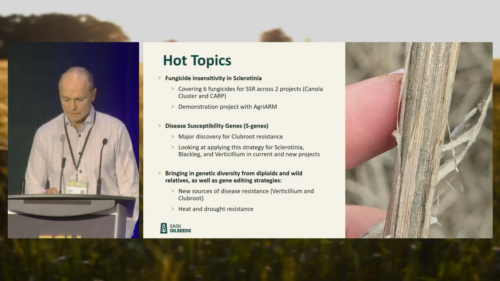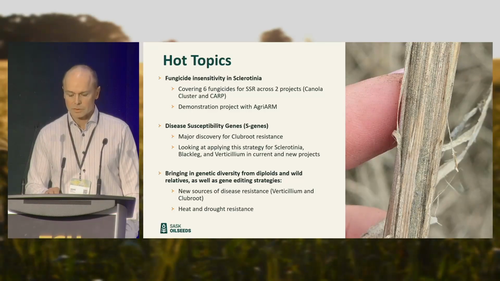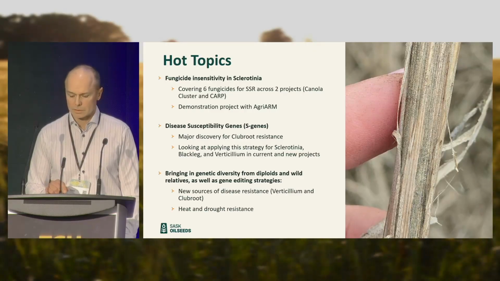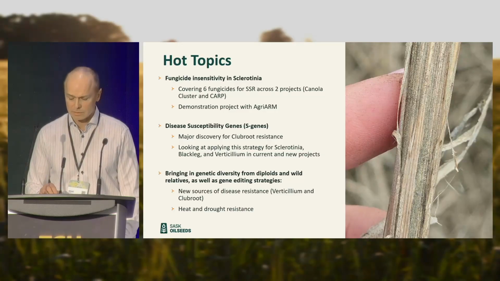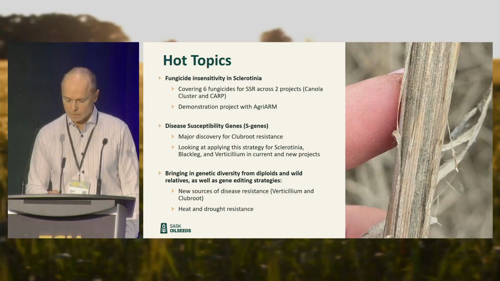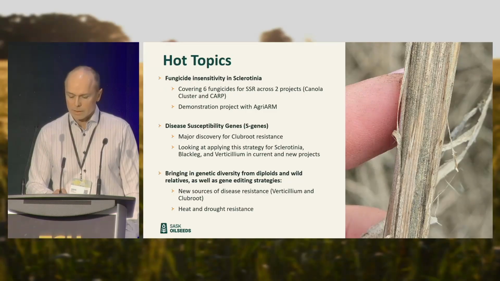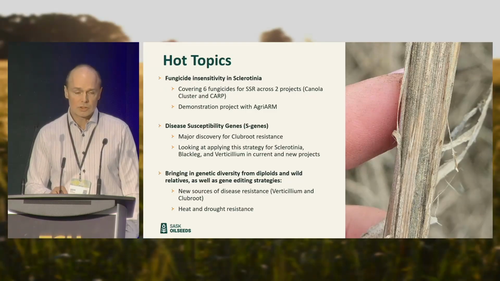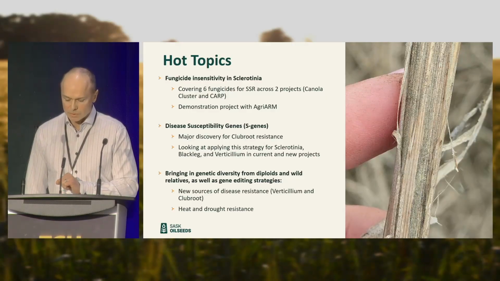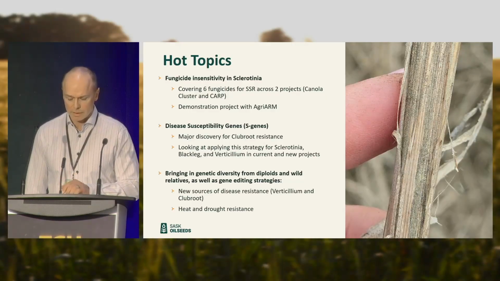We're also looking at a couple of different projects, one through the canola cluster and one through CARB, looking at a total of six fungicides and the baseline for insect sensitivity by sclerotinia across the prairies. We're also looking at susceptibility genes, so S genes, for proteins and receptors that pathogens recognize and require for infection to progress in the plant.